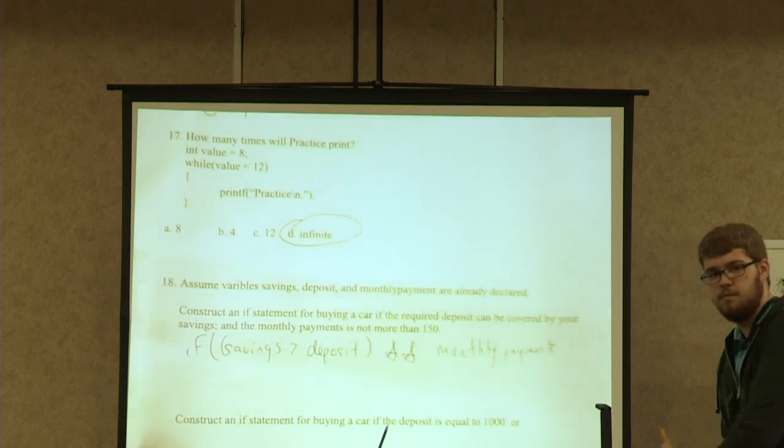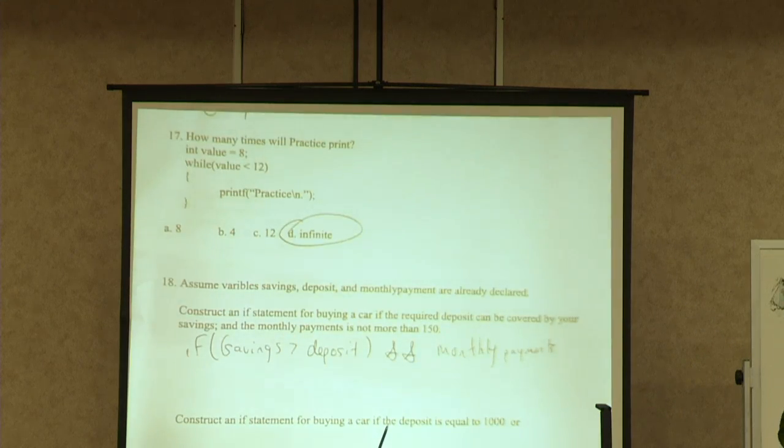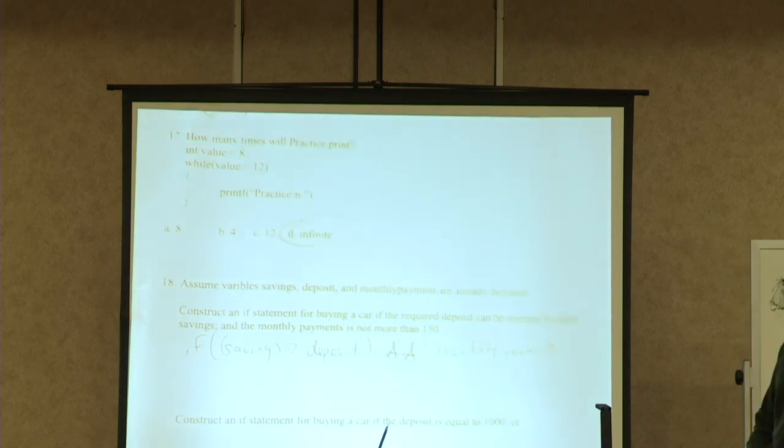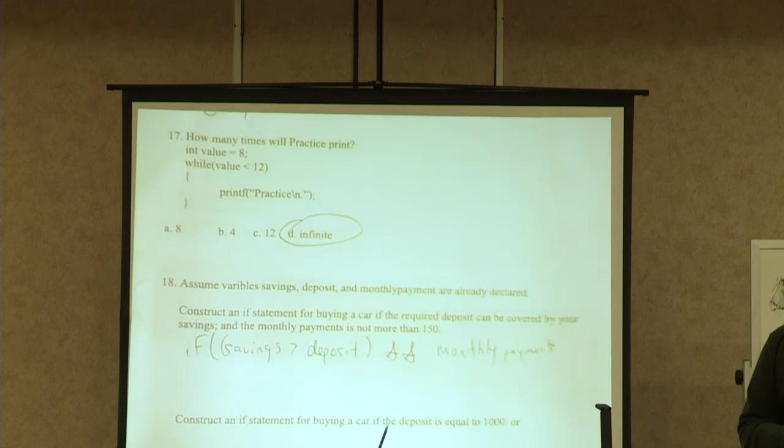Does everyone agree with him? Shouldn't they all be in the if statement? They're all going to be in the if statement. It's going to be one. I'm just closing it. Do you agree with what he said? He said monthly payments. What'd you say?